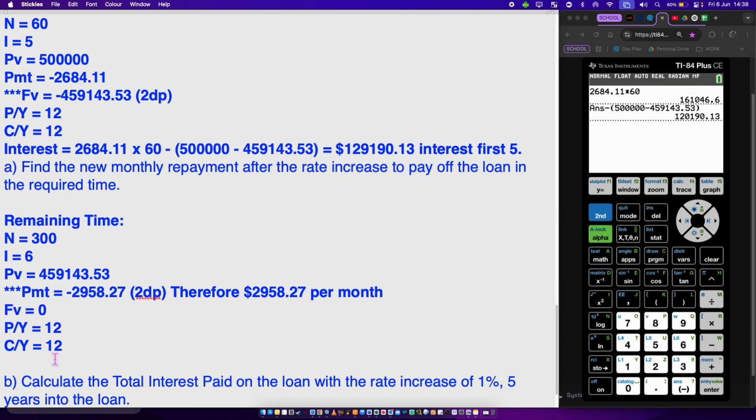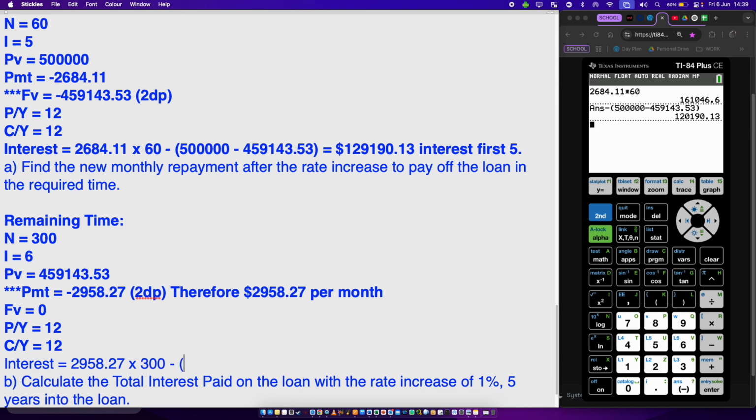But here we have a second section of interest. It's the remainder. It's the last 25 years. So interest equals... Are the payments still 2684.11 after the rate went up to 6%? Nope. They're bigger. They're $2,958.27 times by. I made 300 payments of that.